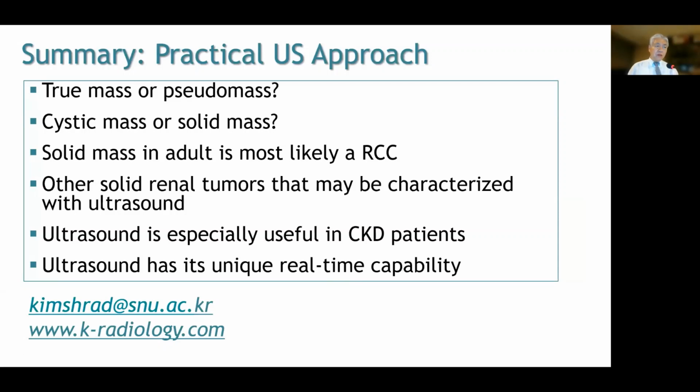This is the summary of this talk on the practical ultrasound approach to solid renal masses. First, start with differentiating between true mass and pseudomass, then between cystic and solid mass. Although a solid mass in an adult is most likely renal cell carcinoma, please keep in mind that other solid renal tumors, such as angiomyolipomas, may be characterized with ultrasound.